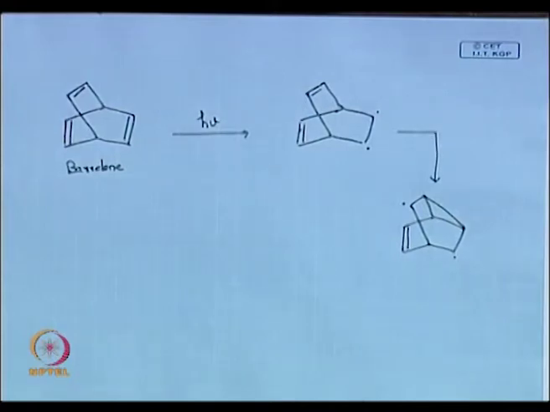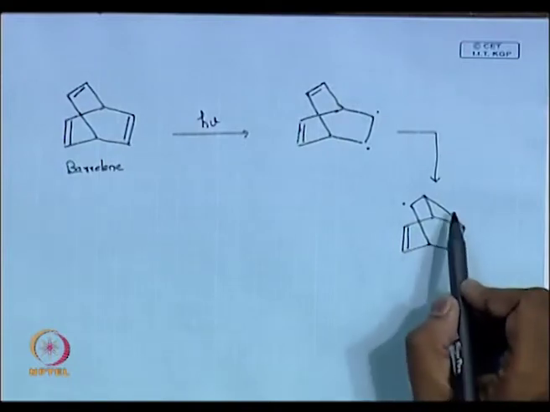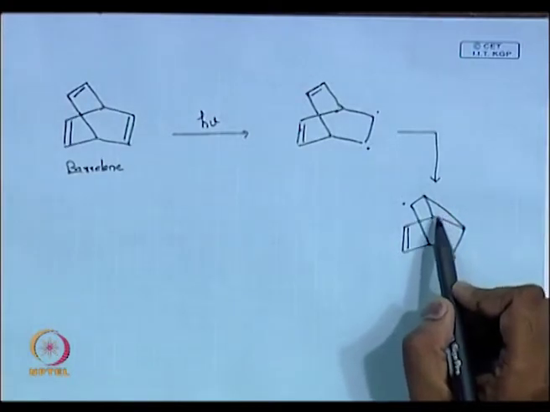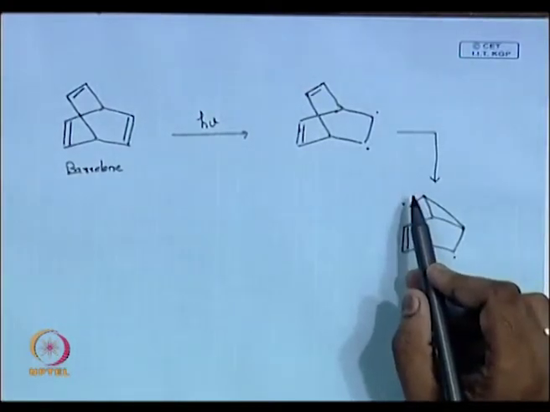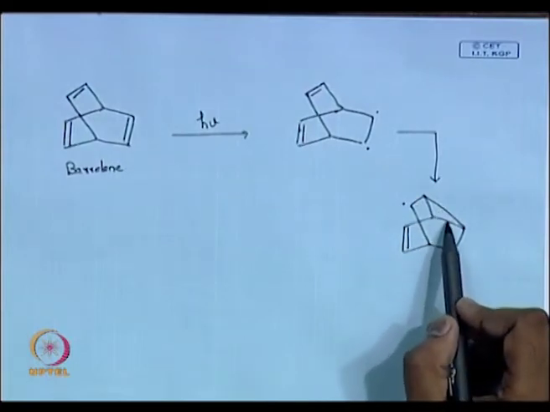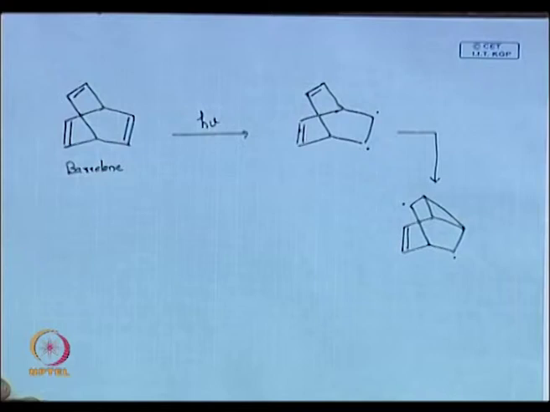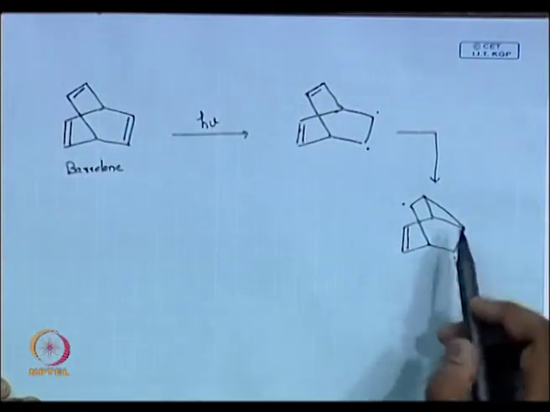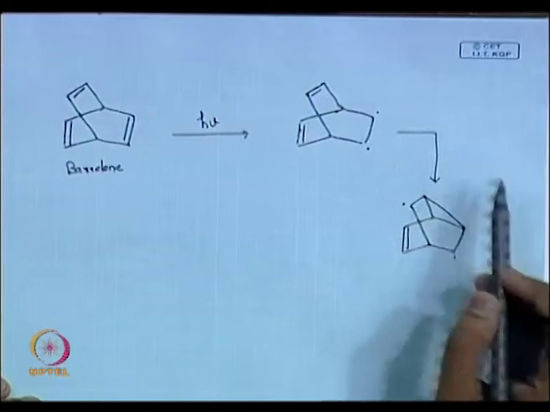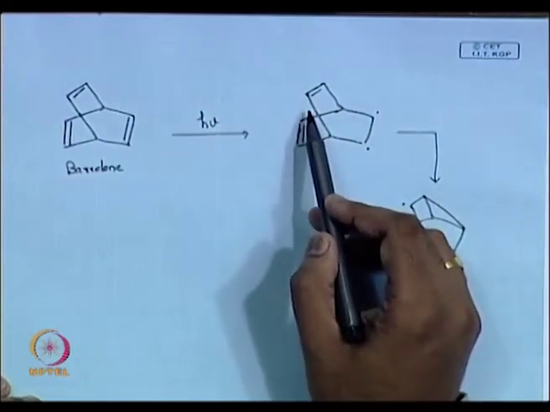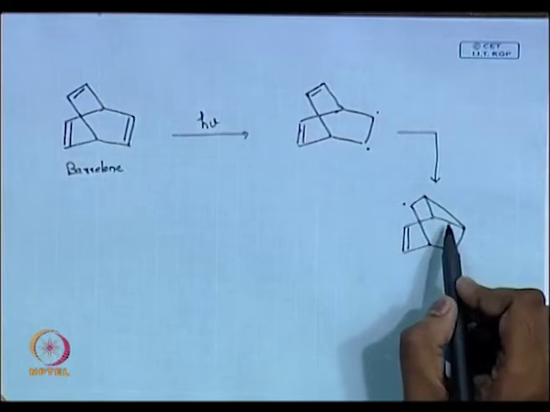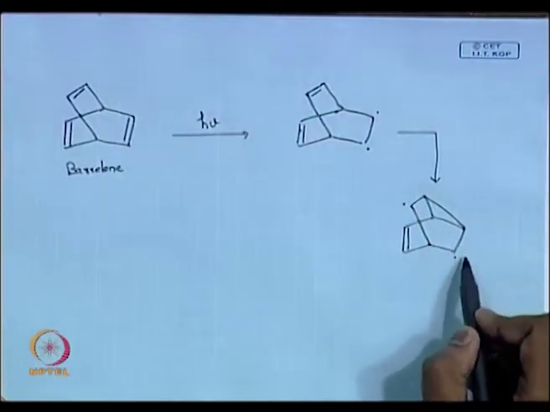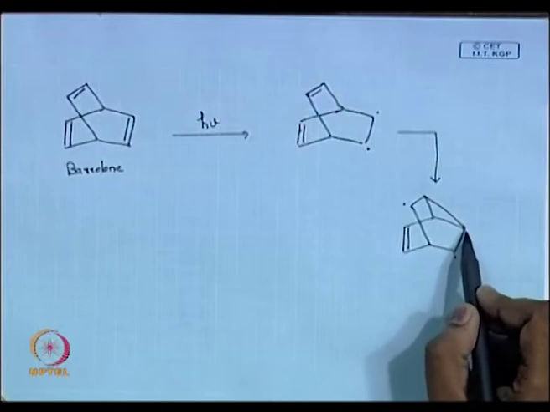Get this. Now, what to do? I do not want to break this bond because that is a newly formed bond, otherwise I will go back. Okay. So, you have a choice of breaking this bond, or this, or this. So, you are going with choices. Which bond do you want to break now? If I break this, yes, I will get back to my starting one. If I break this one, I have a nice system to make my alkene again, right.